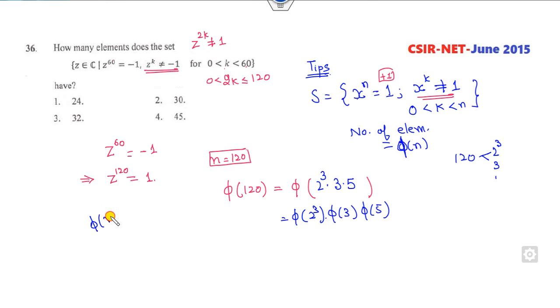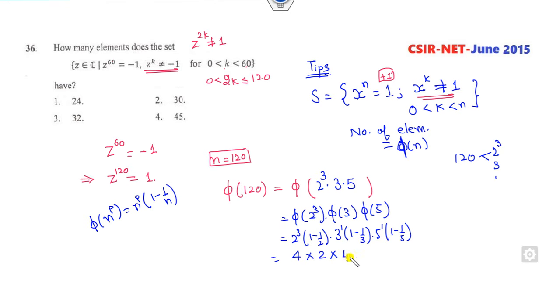If I say this is p raised to power n, the formula is p^n times 1 minus 1 over p. So here 1 minus 1 over 2, 1 minus 1 over 3, 1 minus 1 over 5. So 8 by 2, 4, 3, 2, 4. So 32 is the right answer of the problem. That's a simple shortcut trick for you. Remember this formula.